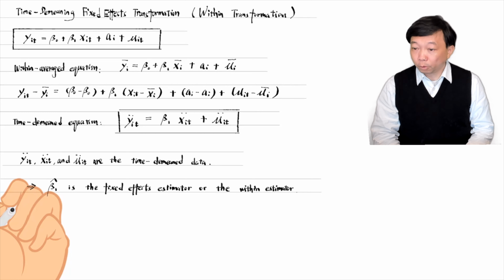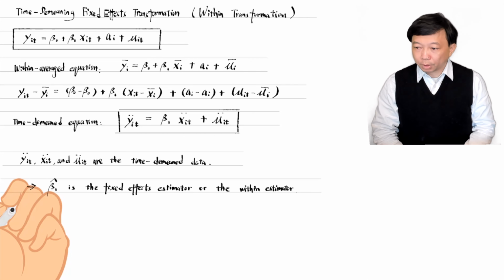However, the coefficient beta 1 we are interested in remains in the time-demeaned equation. We use the OLS method for the time-demeaned equation, and the estimator beta 1 hat is called the time-demeaned fixed effects estimator or the within estimator.